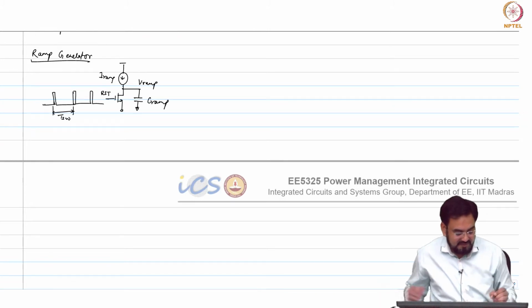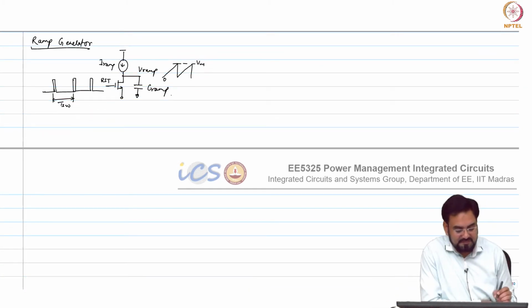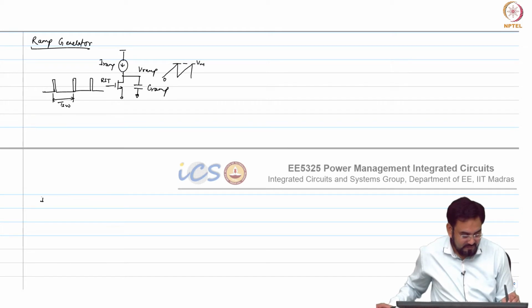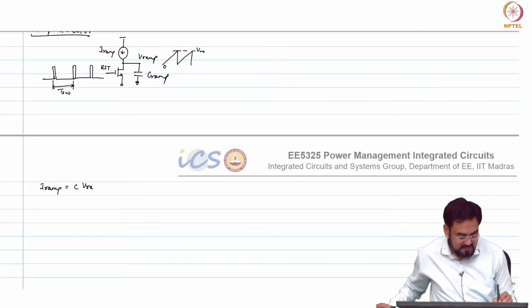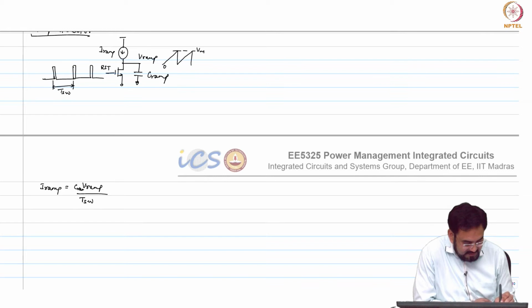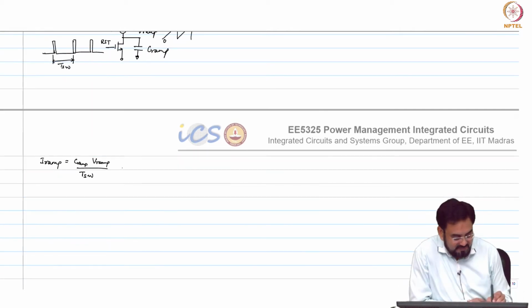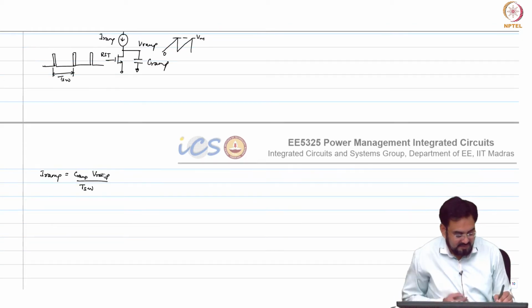So from here you can find the, if this is going from 0 to, let's say, VM. So what will be the VM? C VRAM over TSW. C is actually CRAM, and VRAM is actually VM.